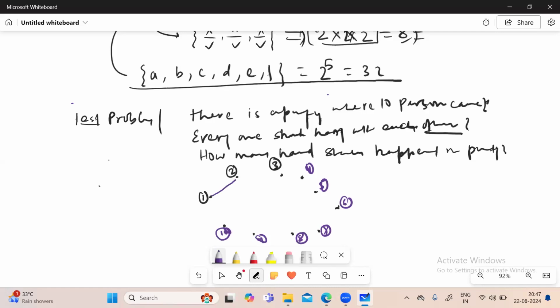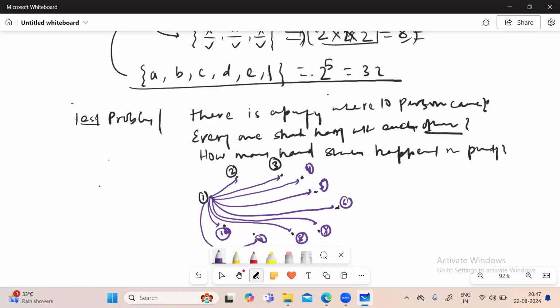That one shook hands with all the 9 people who attended the party except him, right, including him it is 10. So what we are getting here is that A will shake hands with 9, of course everyone will shake hands with 9. So we will have two ways to calculate this.